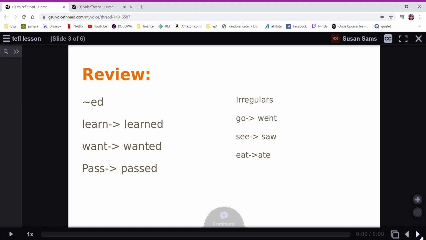I would let my students know that there is not a particular rule for irregulars. It's just something you have to memorize. So maybe even every week give them maybe 5 irregular verbs to learn. Swim, swam type thing.